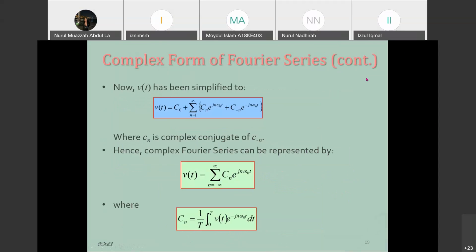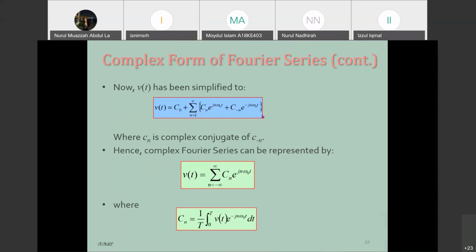Okay, now Vt here has been simplified to this: C naught plus summation of n equal to 1 to infinity of the Cn part, which is exponent j n omega naught t, positive of the phase, and then C negative n, which is the negative of the phase.